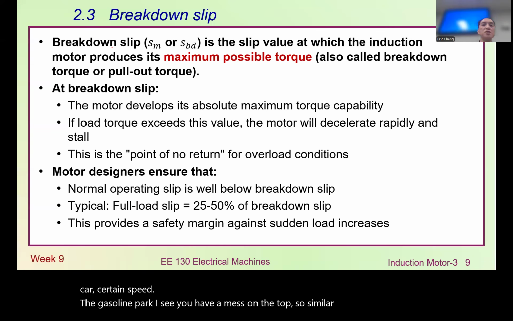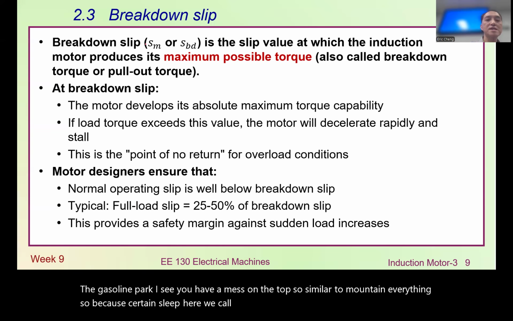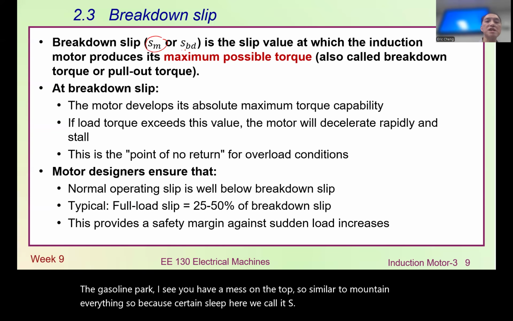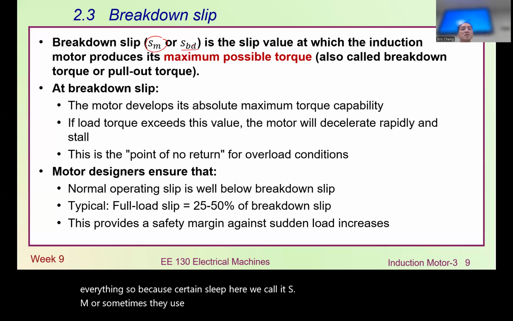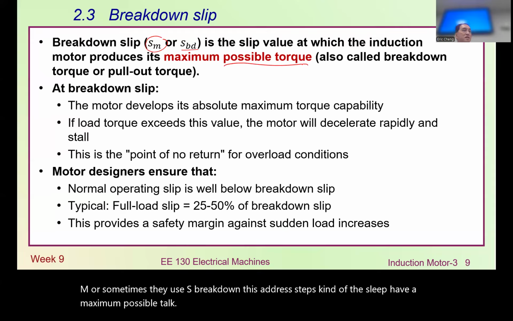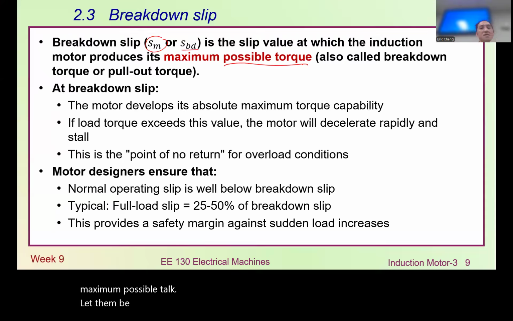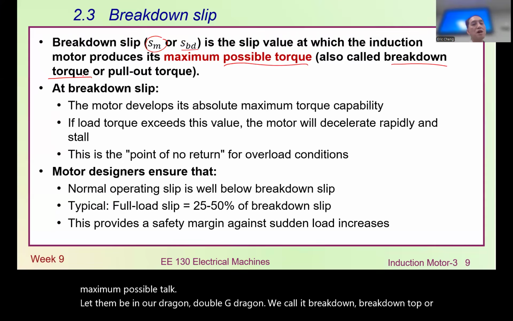So we have a certain slip here, we call it S_M, or sometimes S breakdown. That's the slip at which the motor has the maximum possible torque. In WD jargon, we call it the breakdown torque, or sometimes the pull-out torque.